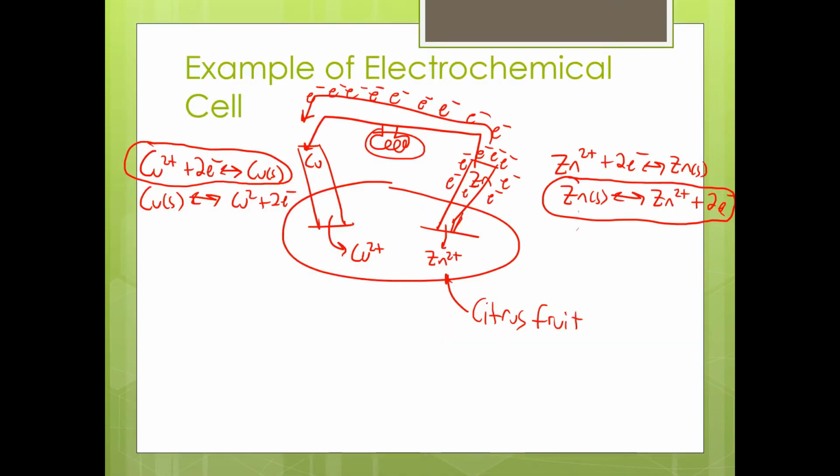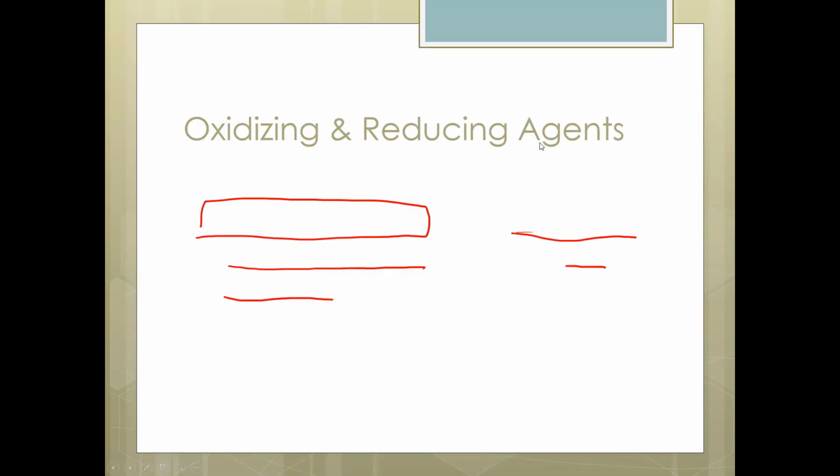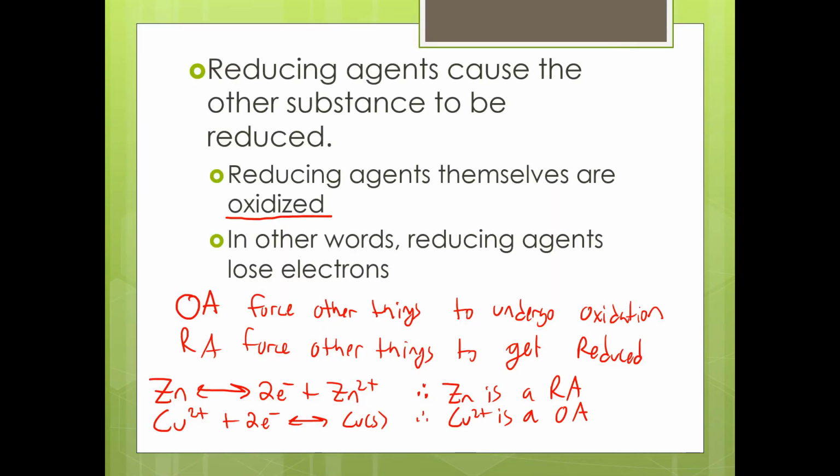If I go back to my cell, where the electrons are flowing this way, when the electrons get to the copper, it's not the solid copper that's absorbing the electrons, it's the copper ions that were forced into the citrus fruit that are absorbing the electrons and then becoming solid copper on the piece of copper that you've stuck in it. Okay, so the copper 2 plus ions, those are the oxidizing agents because they're the ones absorbing the electrons and getting reduced.